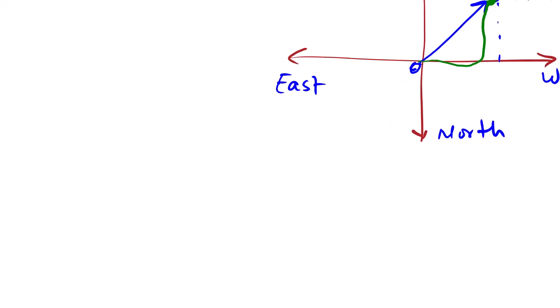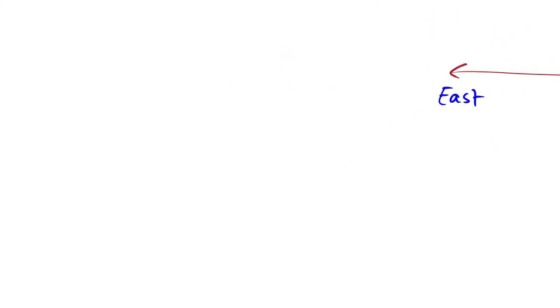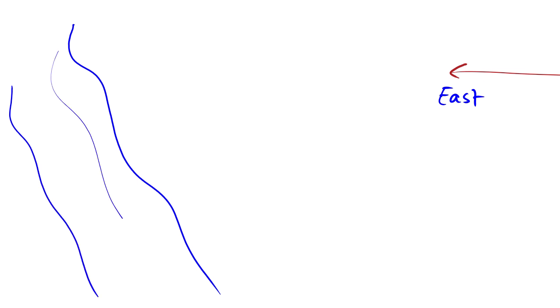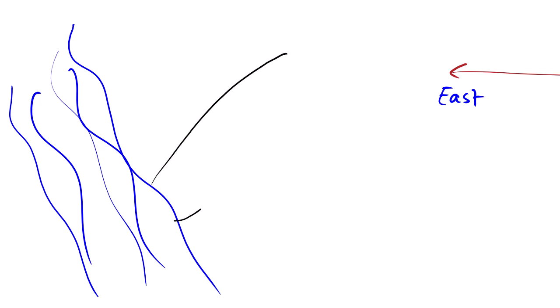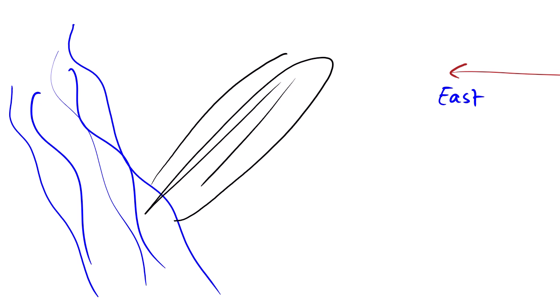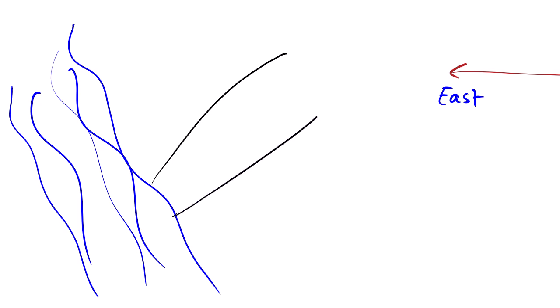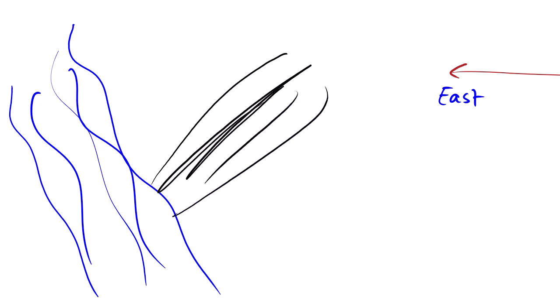So let's imagine we have, let's say this is a water body. Okay, let's say this is a river, and this is a mountain that is blocking, and here is a village.